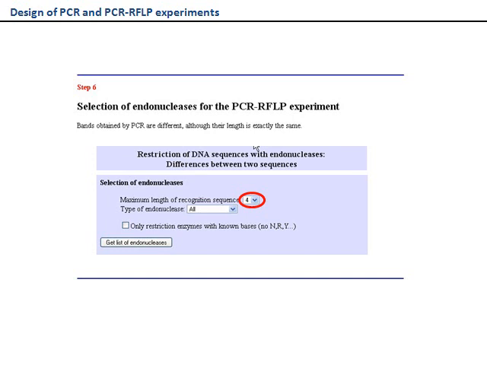Available values are 4 to 8, or based on type of endonuclease. The ones yielding blunt ends, the ones yielding overhang ends, or all of them. Endonucleases that recognize degenerate nucleotides may be removed from the results. After selection, the list of endonucleases is requested.